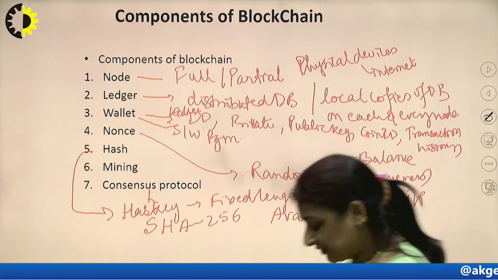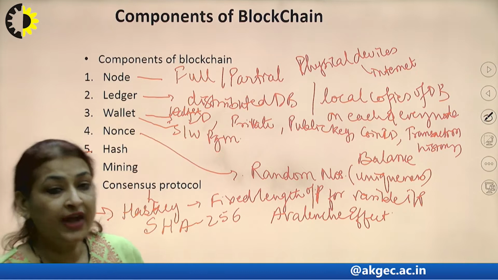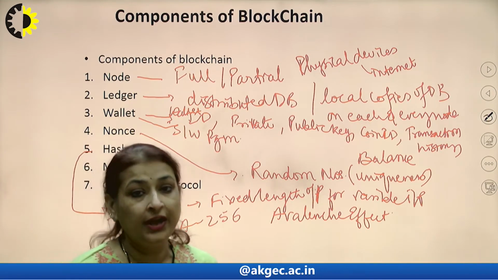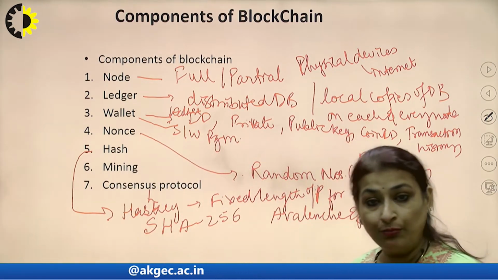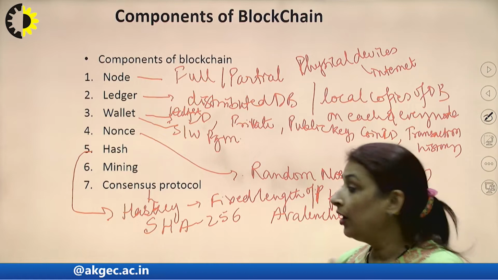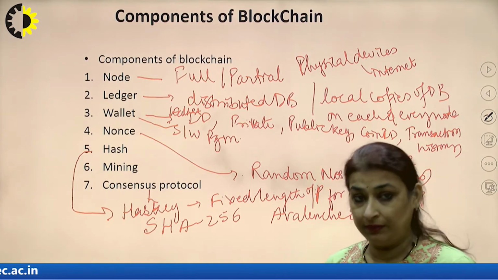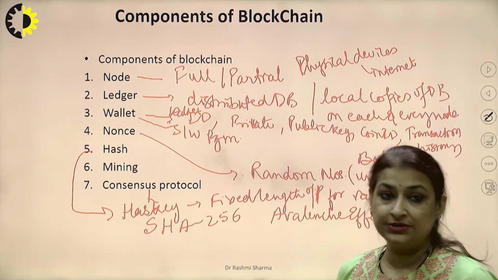Now we have to see some more things about hashing, how this hash function uses the previous hash and how we generate those things. We will discuss some more things about hashing in this video, along with the different mining techniques, or the different miners who can be the winner in a blockchain, and what we mean by consensus protocol.